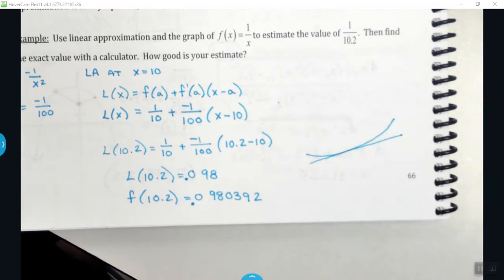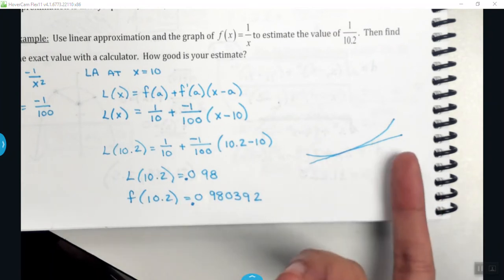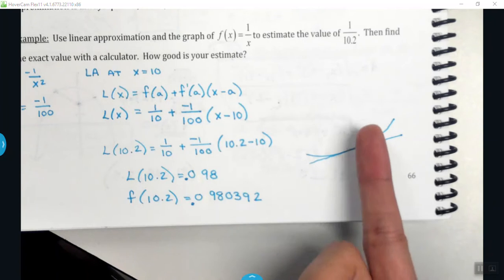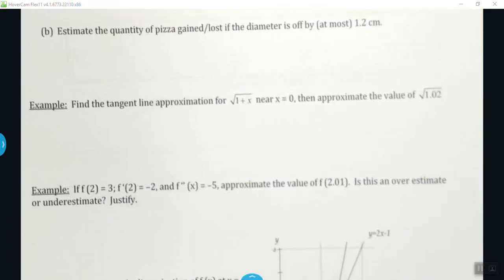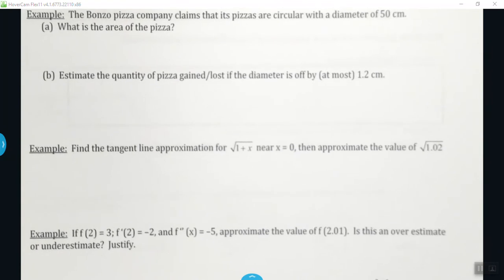A lot of times, and we'll do a problem like this, it's backwards, where it gives you the concavity of the curve, and then it asks you if your approximation is greater or less than your actual value. Okay, got it? Just the back left to do, and then we're done.